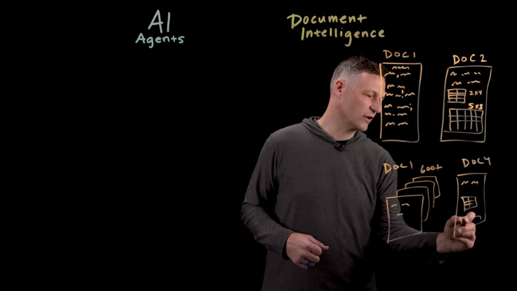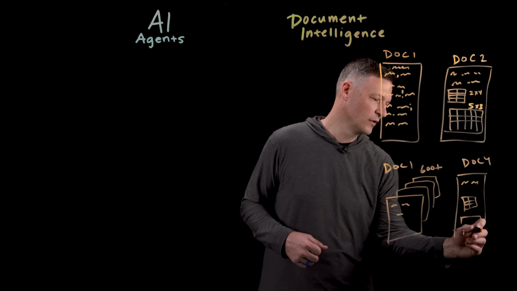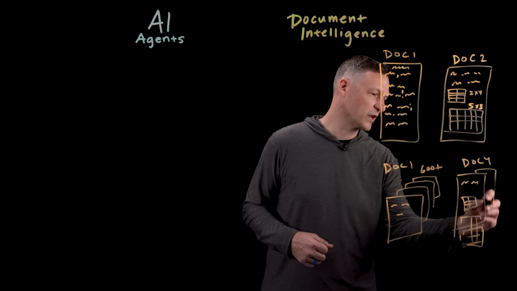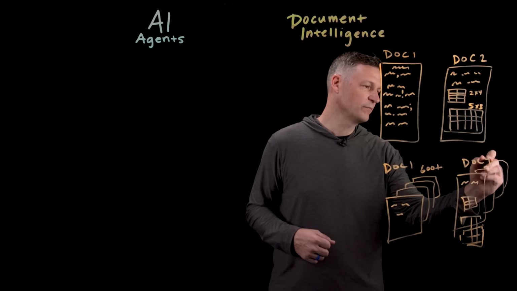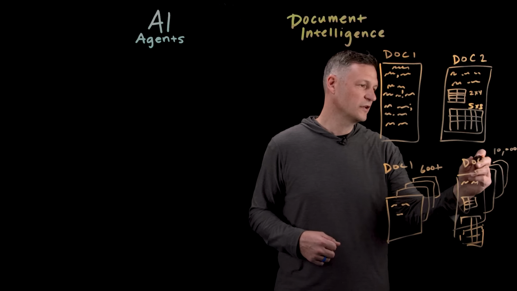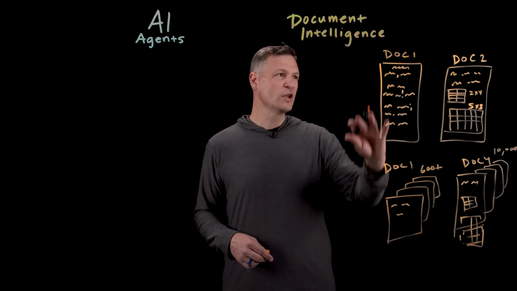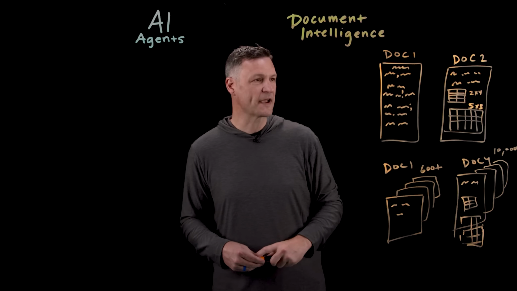And we can start getting into complexities like tables that run across pages, right? So we can get into lots and lots of pages with long tables. Maybe we have tables with in excess of even 10,000 rows. So this is our document space.